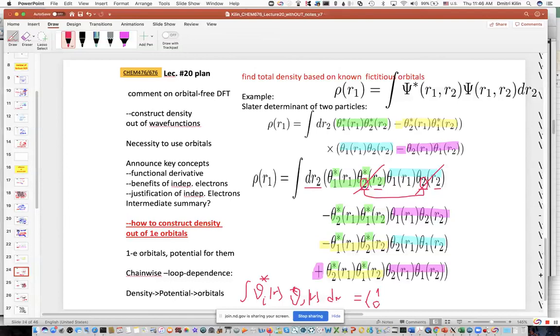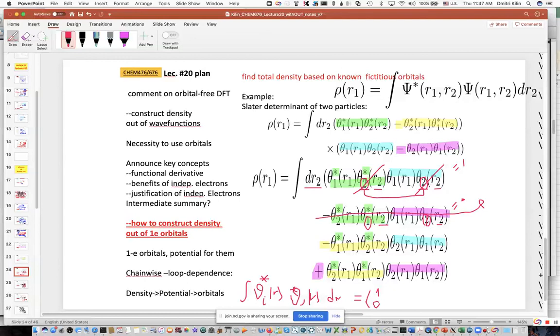So it will be 1 times theta 1 of R1, theta 1 of R1. Now let's go to the second term. Here is R2, here is R2. The indices of the orbitals are different. Therefore it gets 0 and the overall term is removed, right?